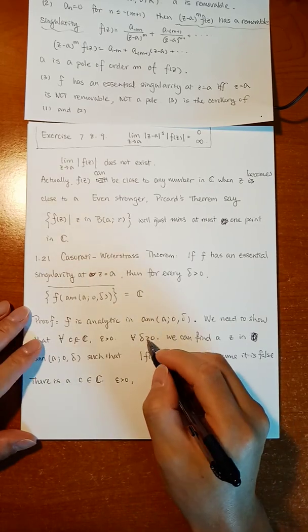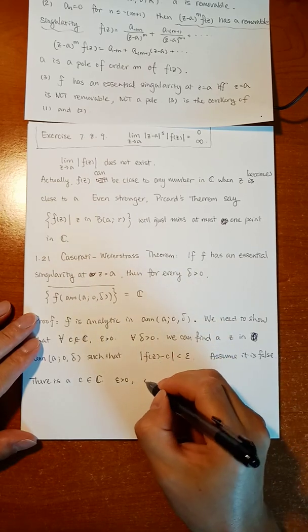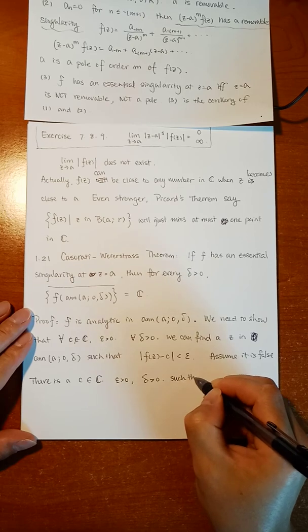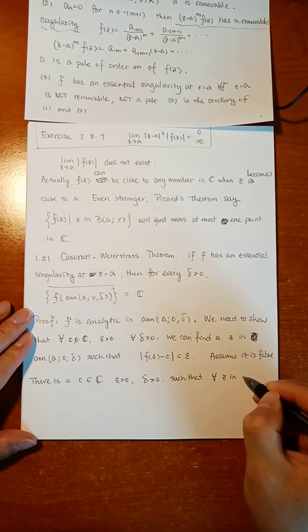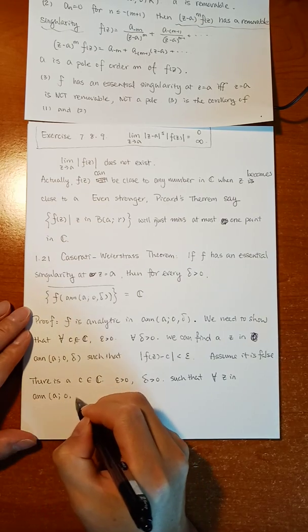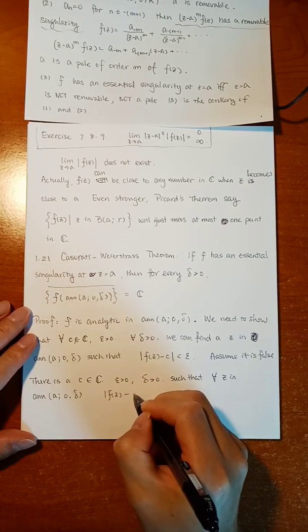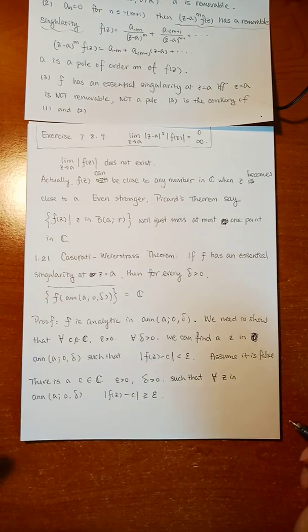And all delta, it means there is a delta greater than 0, such that we can find one means for all Z in annulus, we have |f(z) - c| greater than or equal to epsilon.